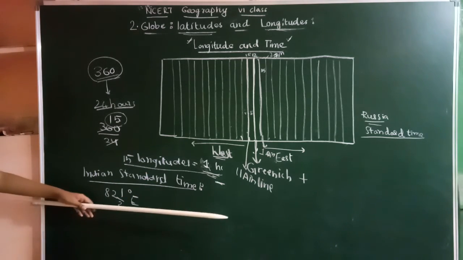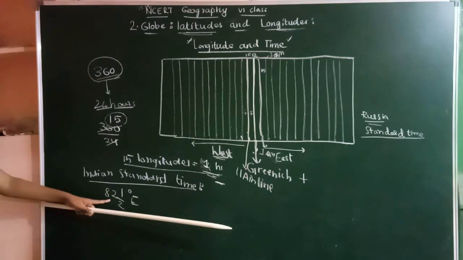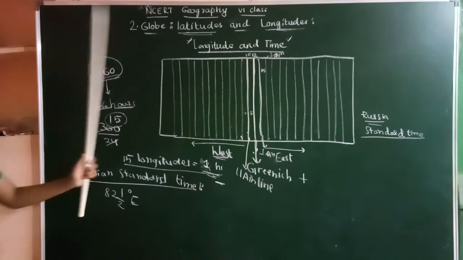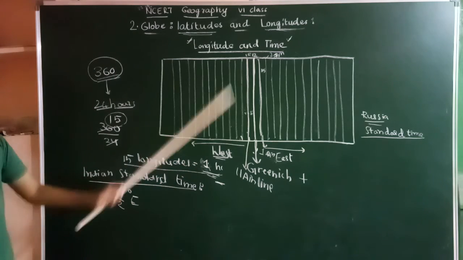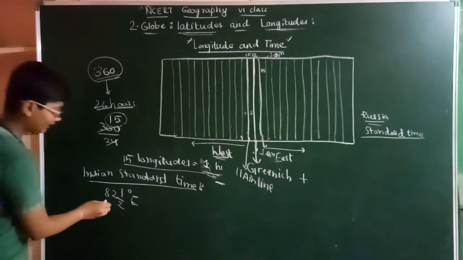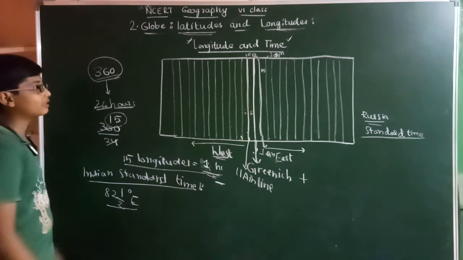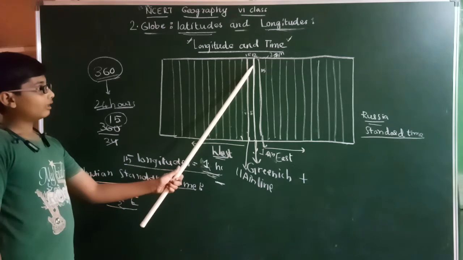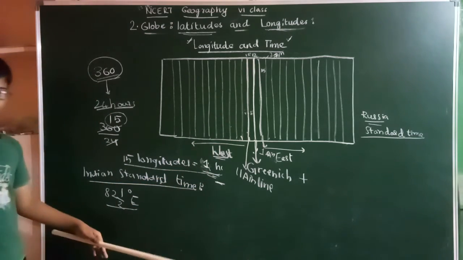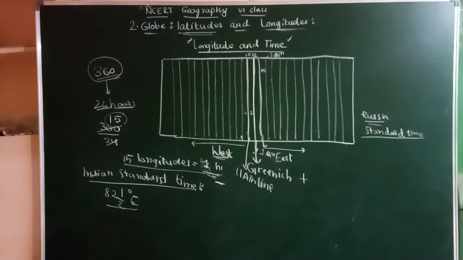That means the time at the 82.5 degrees east longitude is considered for all of India. Nearly 82.5 degrees corresponds to 5:30. If this is 12 p.m., then we get nearly 5:30 p.m. I think you understood this very well.